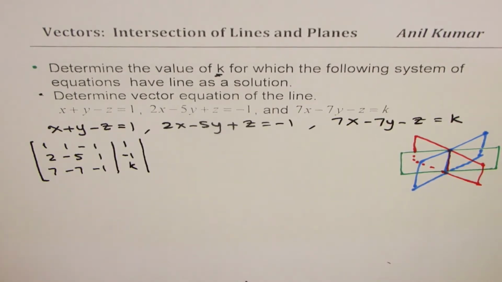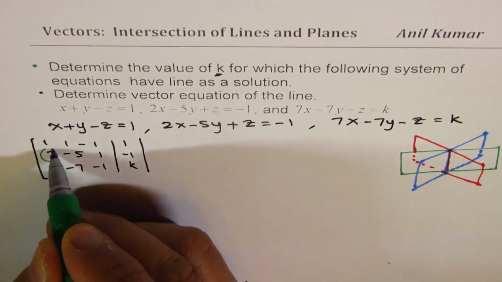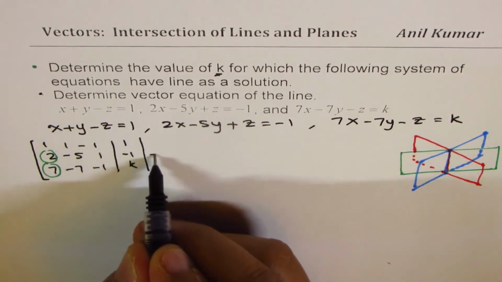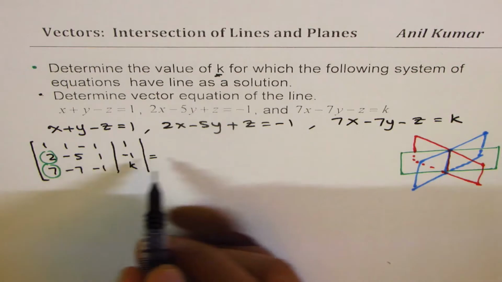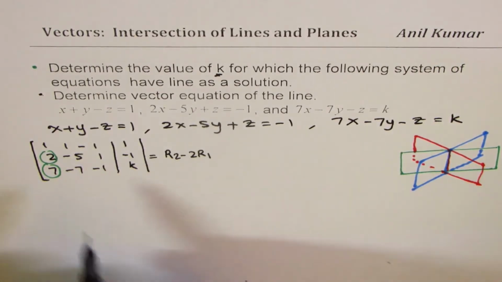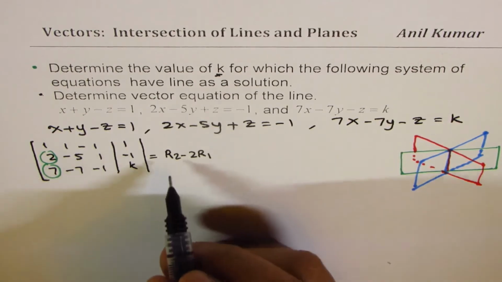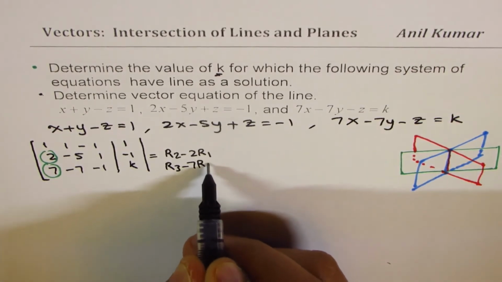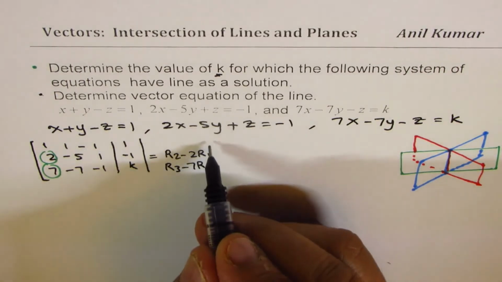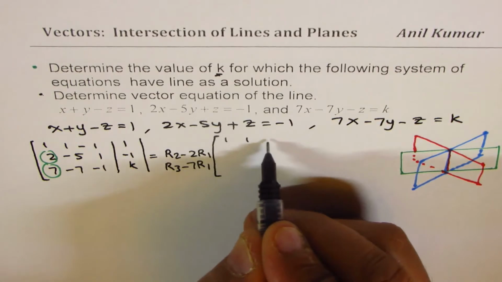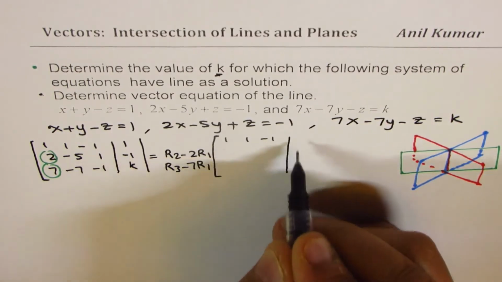What we need to do is to get a 0 here and a 0 in this position. To get this 0, we can do R2 minus 2 times R1, and to get this 0, we can do R3 minus 7 times R1. The first row remains 1, 1, minus 1, 1.